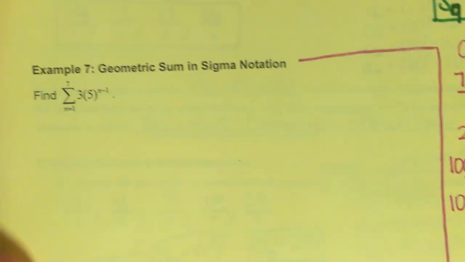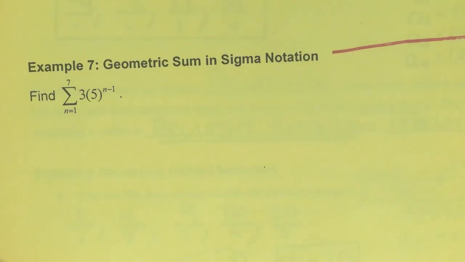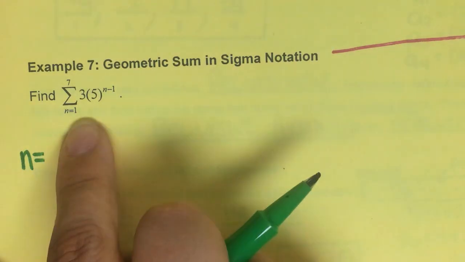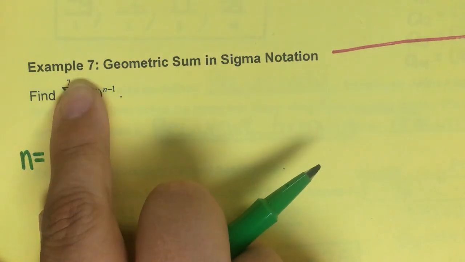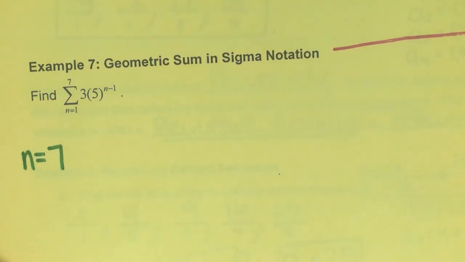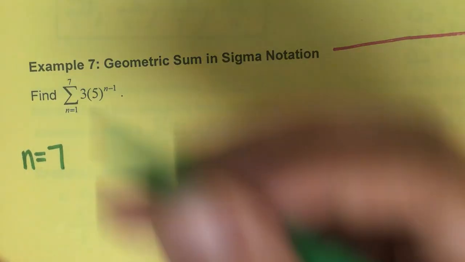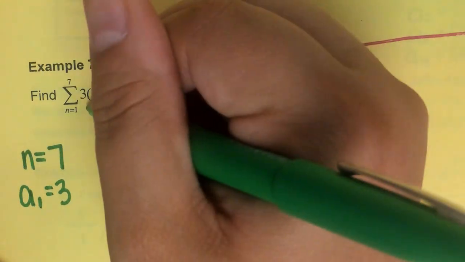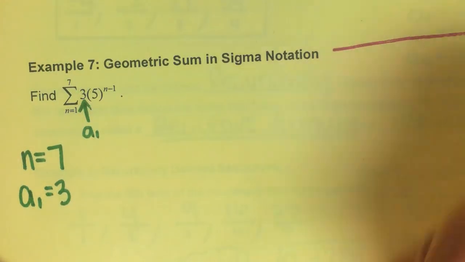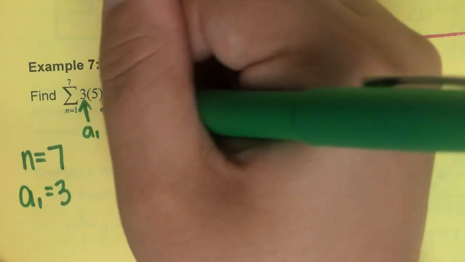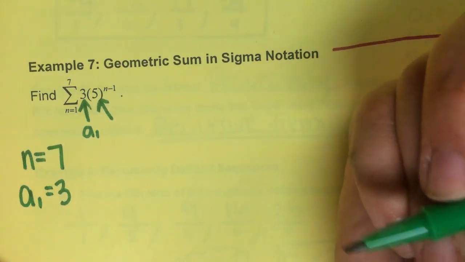Last one. What do I know? What's N equal? Well, that's what it starts off. How many blanks am I going to end up having, though? N is 7. What else do I know? A of 1 is 3. That is my A of 1. What else do I know? What is that?